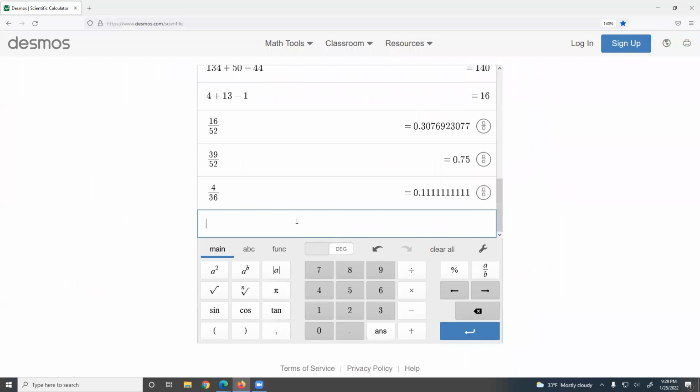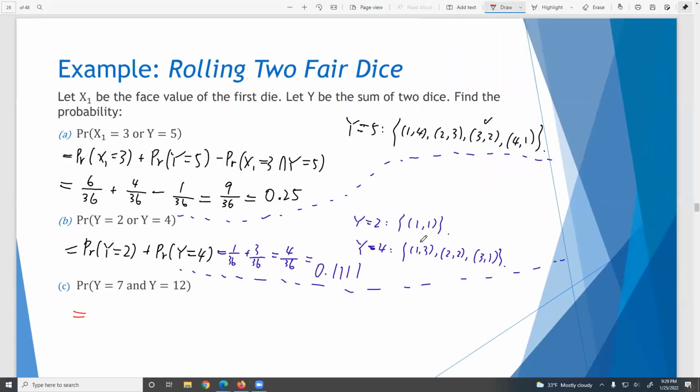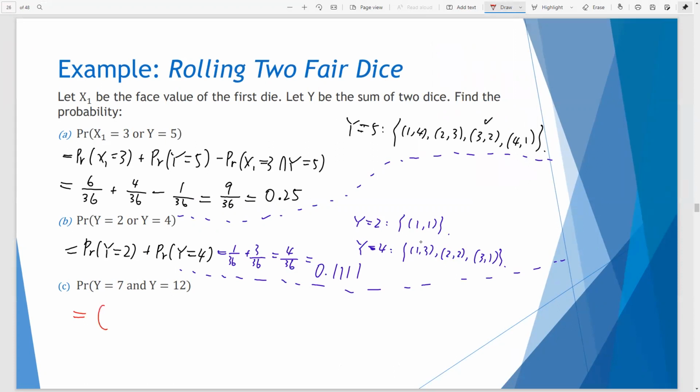Sum to be 7, we have 1,6, 2,5, 3,4, 4,3, 5,2, and 6,1. When the sum is 12, that's only the case of 6,6. They can never occur together at the same time. So it's impossible, wow, even I cannot write 0. Impossible to get this event.